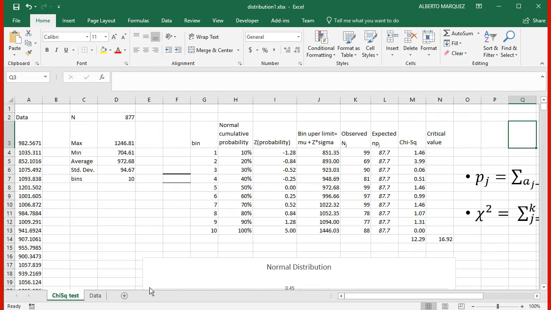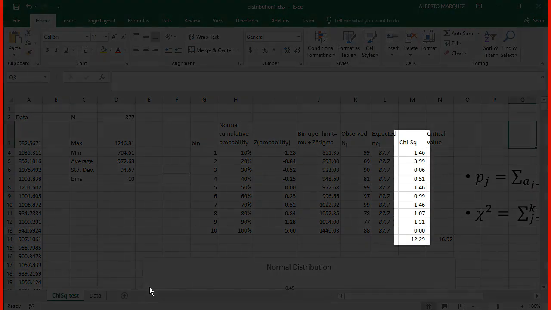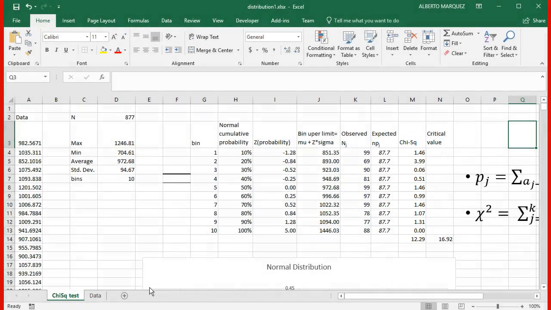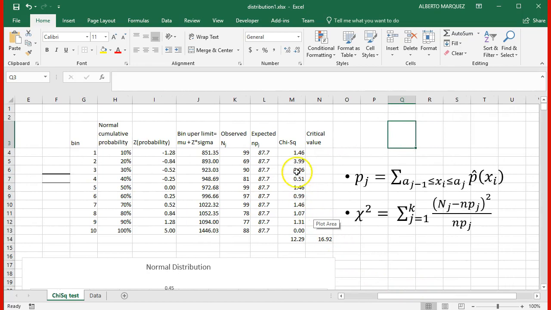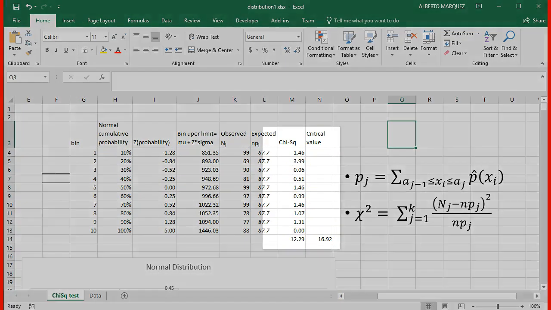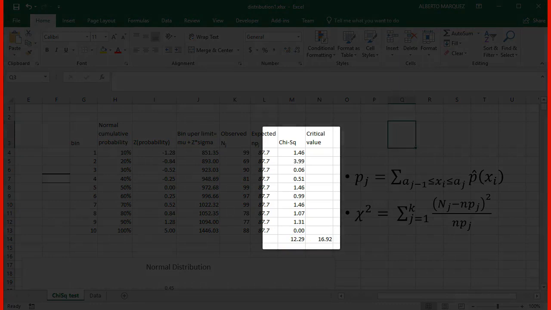And those values are computed in here under the column chi-square. And in our test, what we need to do is add up all these values. The total number is 12.29, and the critical value in tables is 16.92.